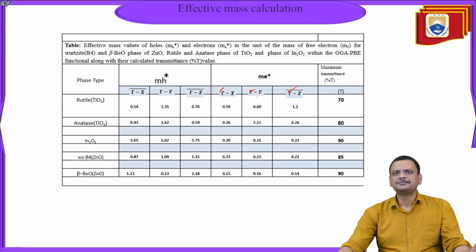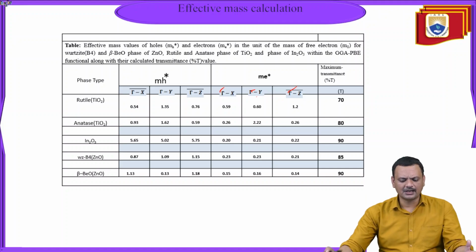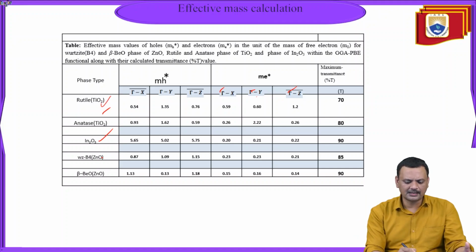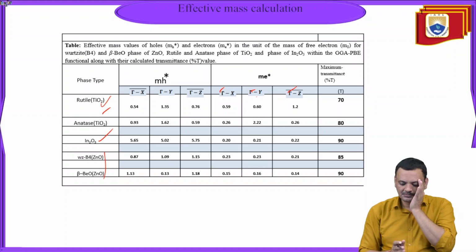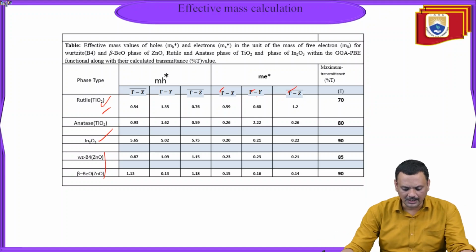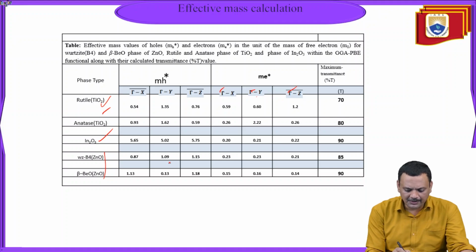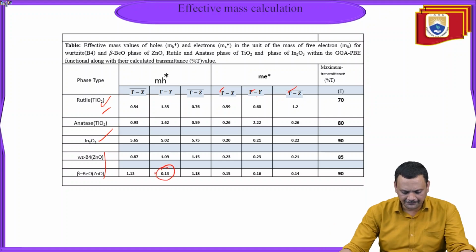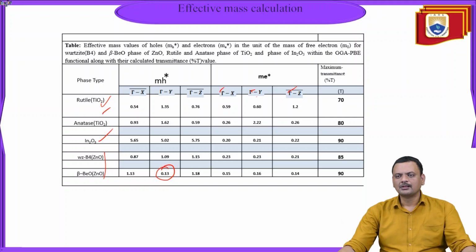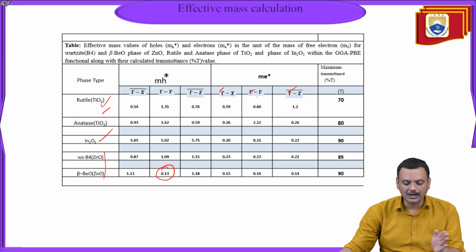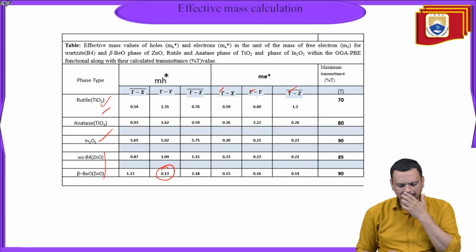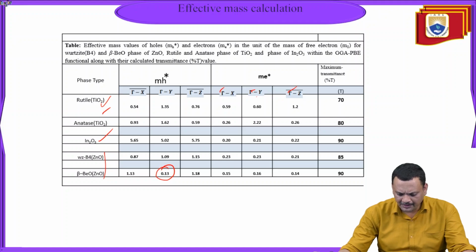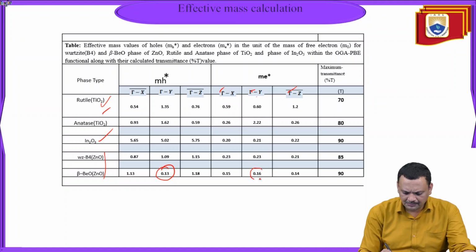Okay, so rutile TiO2, NRTS TiO2, then indium oxide, then two phases of zinc oxide. See where you find the lowest effective mass. The lowest effective mass value is 0.13 among all the considered phases, in particular in the Gamma to Y direction.